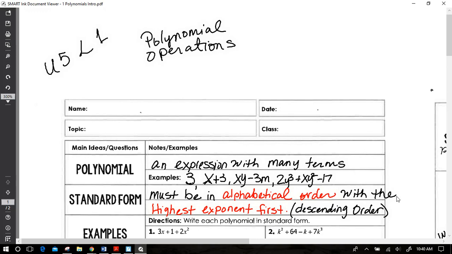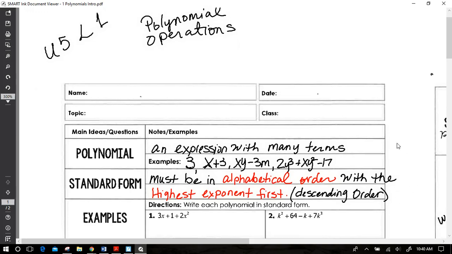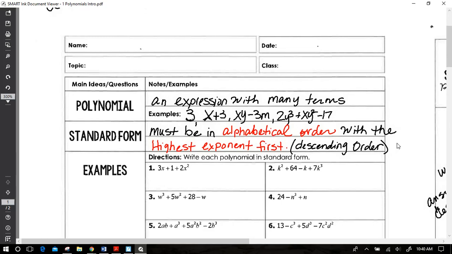Now, when we are writing our polynomials in standard form after we have simplified and added or subtracted or multiplied or done anything that we can do with them, when we simplify, we have to put them in standard form, which is alphabetical order with the highest exponent going first.